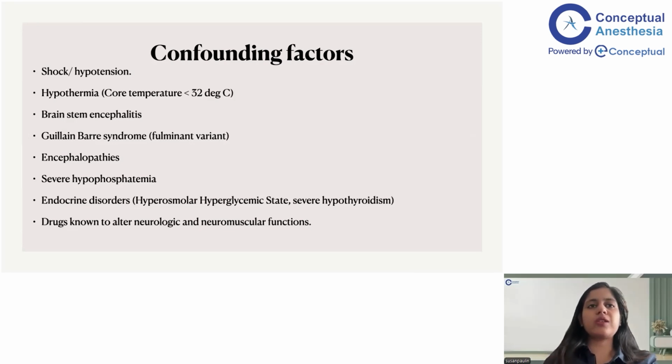So here our anesthetic agents and the muscle relaxants will come into place, and we need to make sure that the half-life of these agents is exceeded before we proceed for brainstem testing.